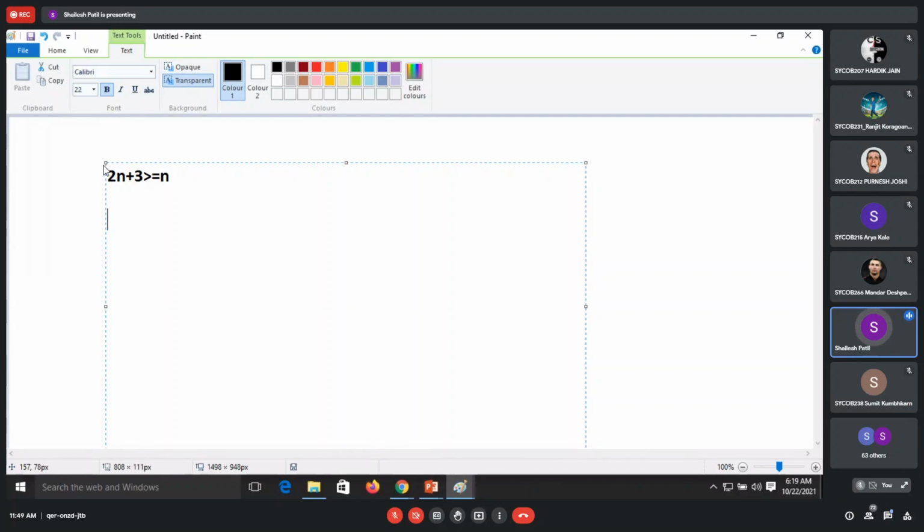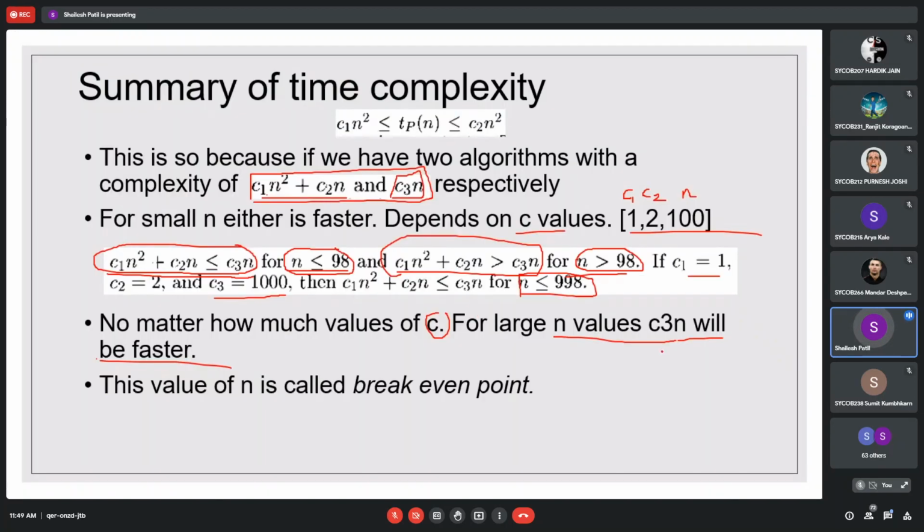Whatever the values of our constants, this f of n, the function of n, is always greater than your n value. We have to find some value where this is going to change. This is called the break-even point. At some value, this formula will not work as expected.